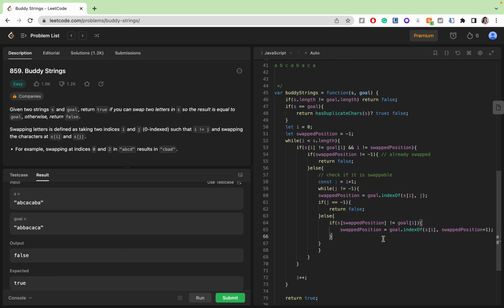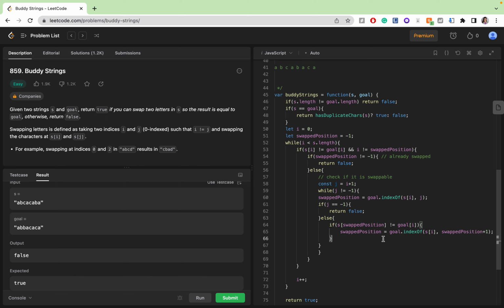If swap position is not equal to goal I, if swap position, so constant J is equal to I plus 1, and while J is not equal to -1, then swap position is equal to goal dot index plus index of Sij, right?